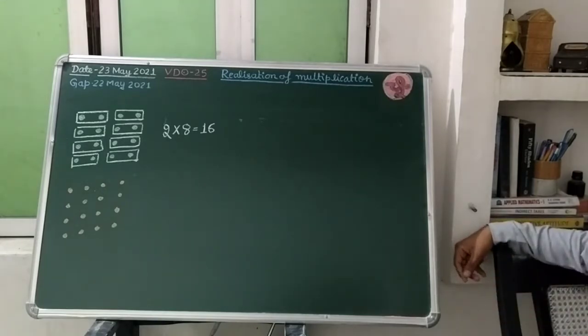Again we are getting an array of 16 dots and want to look at it in the terms of multiplication. One time we have observed. Next time, what are you observing, student? Try to think in your mind.